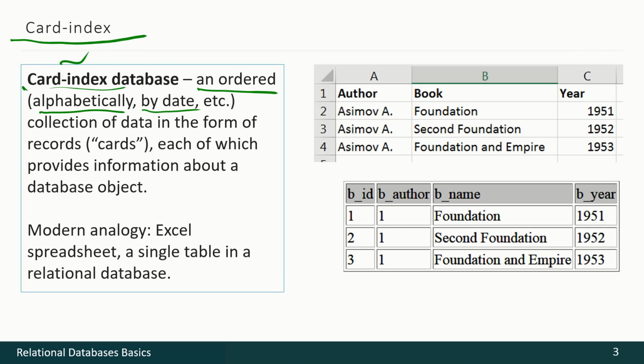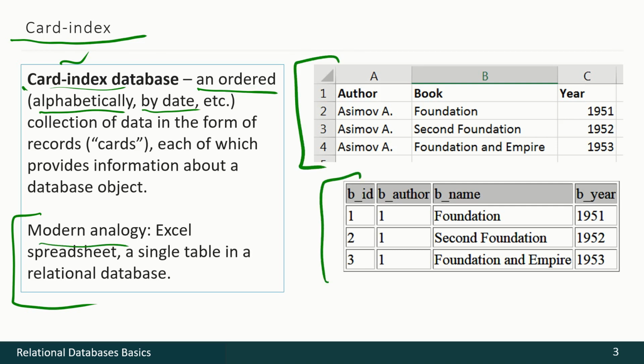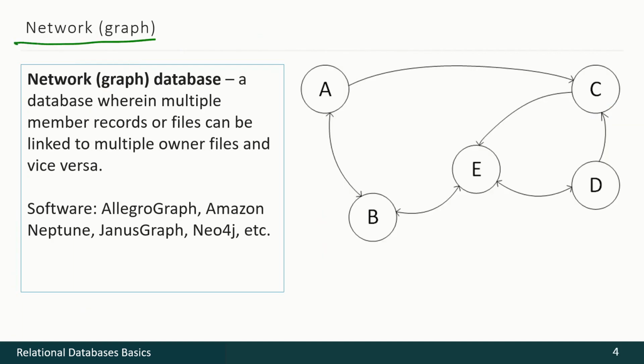And to make the idea somehow more simple, let's look at the modern analogy. A single Excel spreadsheet or a single table in a relational database is a kind of card index. But of course, a modern database approach is much more complex than card index is, so it's a kind of history now.